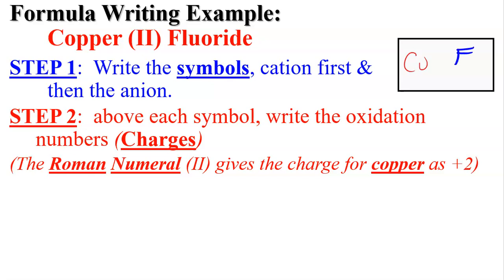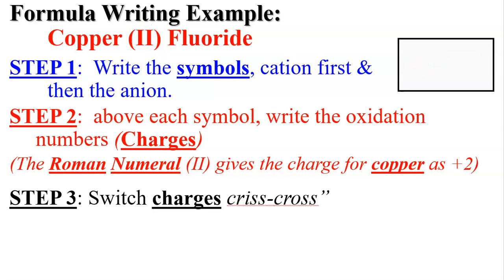All right, step 2, above each symbol, we need to write the oxidation number or the charges. So for copper, it's given to us, okay? Copper has II, so +2. And then fluorine is in group 17, so it has a charge of -1. All right, we're going to rewrite this.